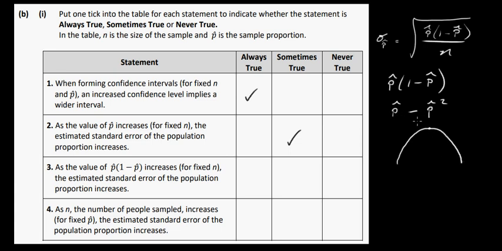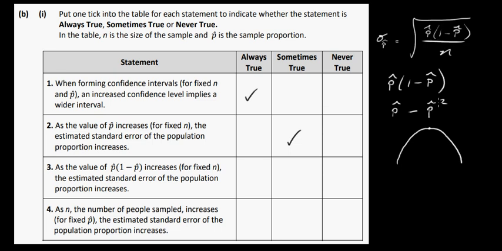As p hat changes, the curve will increase and then decrease. So as p hat increases, you'll come up, then it will maximize, and we'll see that in the next part of the question, and then it will eventually decrease. When the numerator is increasing, the fraction will increase.